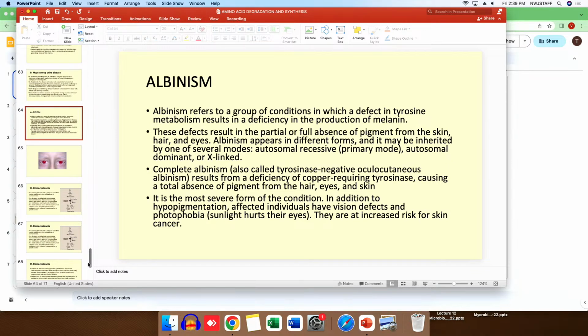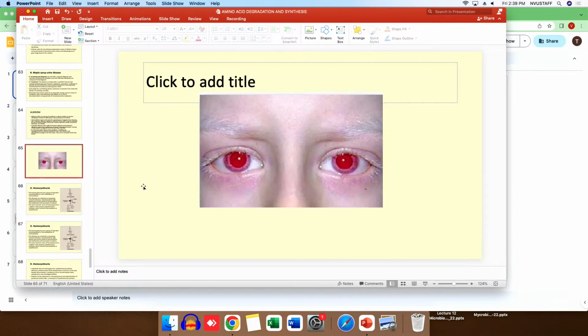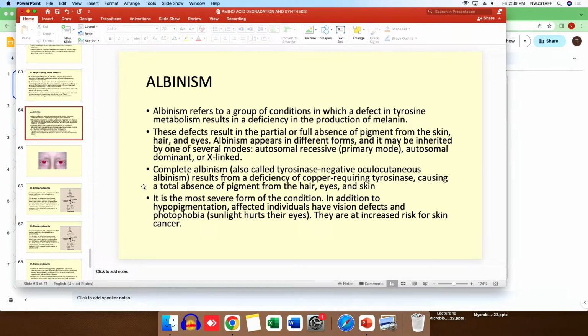We have a lot of people with albinism, quite popular as well in our country. This is the problem of the metabolic pathway where we cannot get from tyrosine to melanin, and the patient does not have melanin at all.